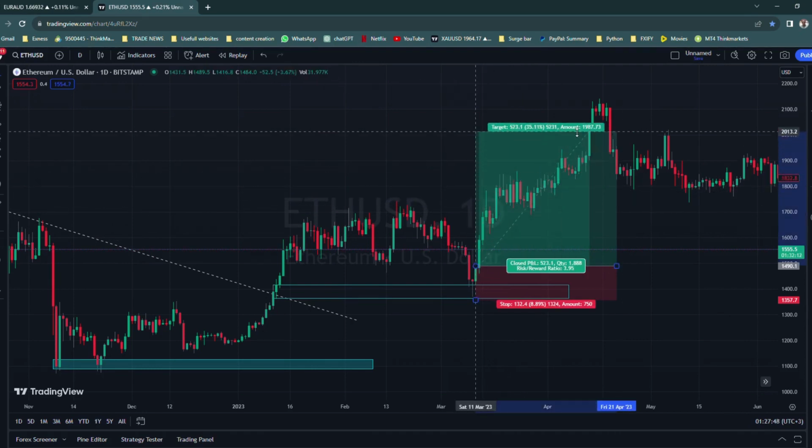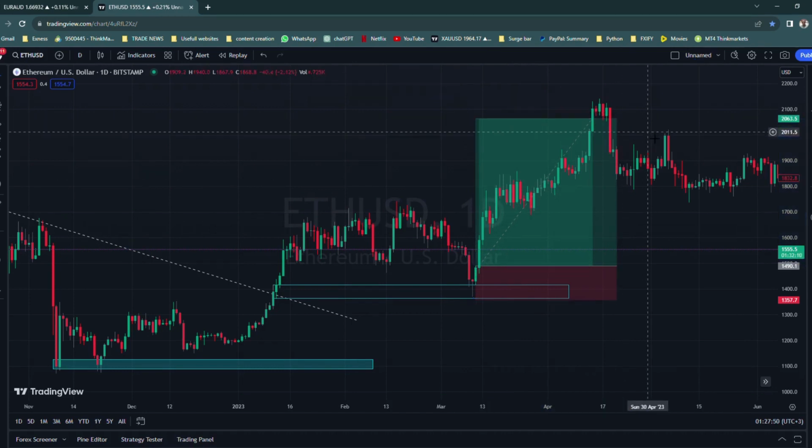And if you try to catch the highest move right there, it started from the 11th of March till the 23rd of April. It took a month and 2 weeks.